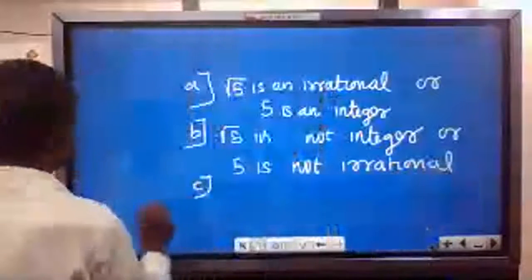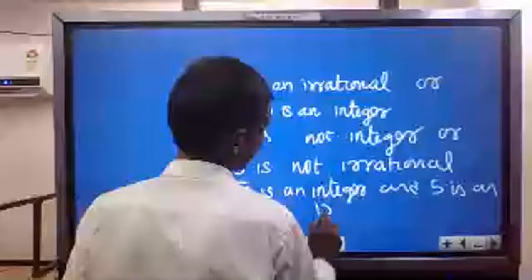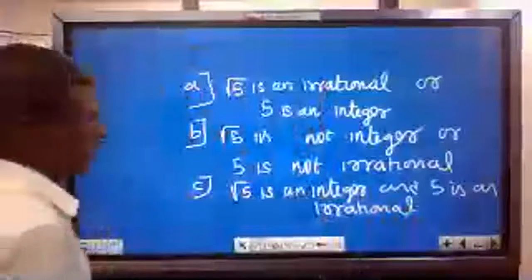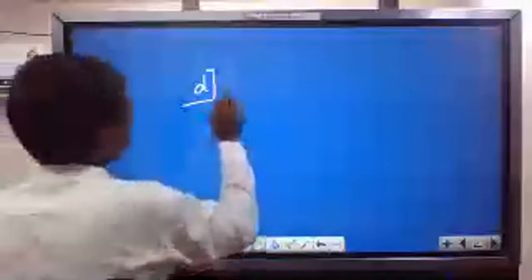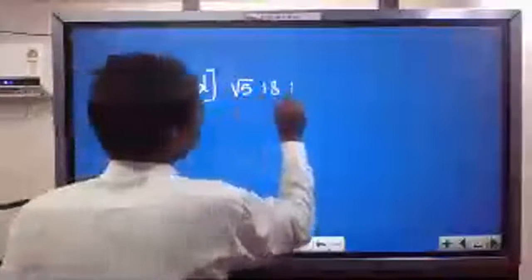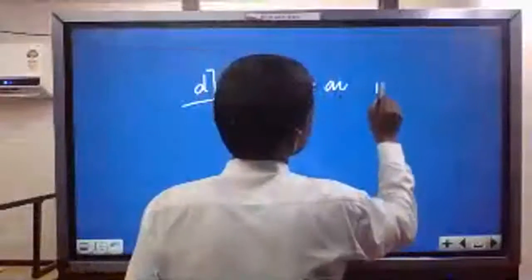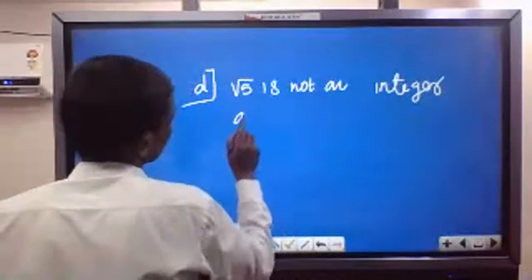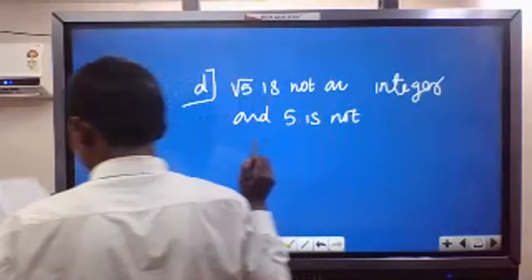In the third option, 5 is irrational. And the D option: root 5 is not an integer and 5 is not irrational.